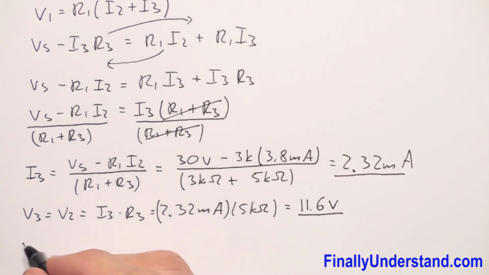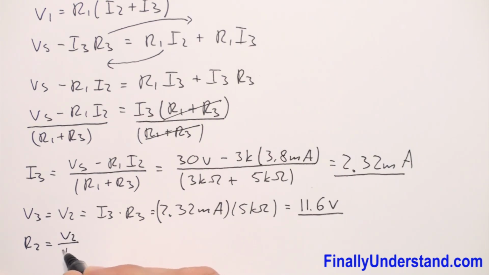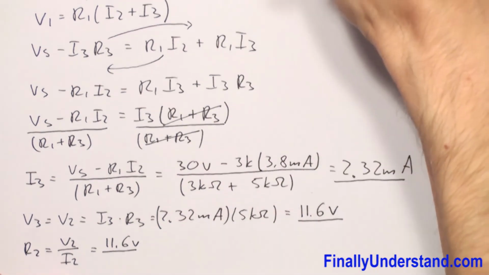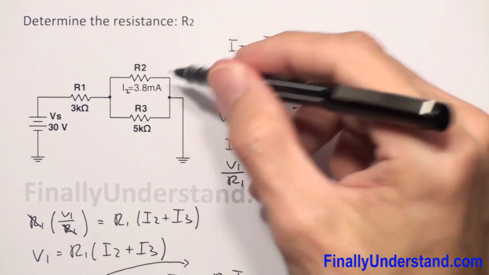In order to find R2, R2 is equal to V2 over I2. So we found that V2 is equal to 11.6 volts over I2, and I2 is given, this is 3.8 milliamps.